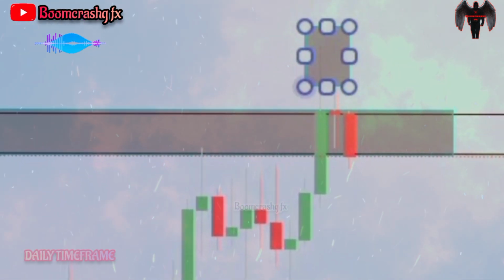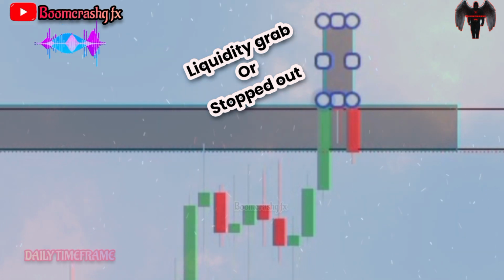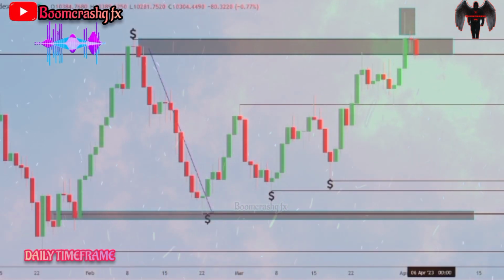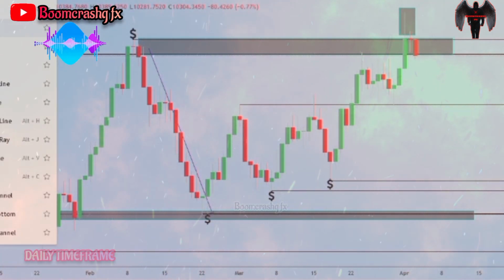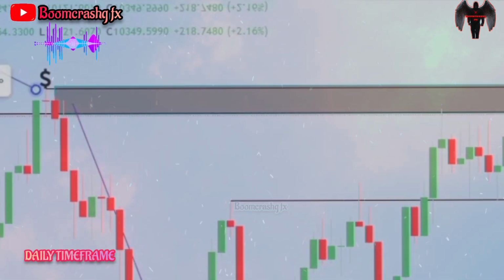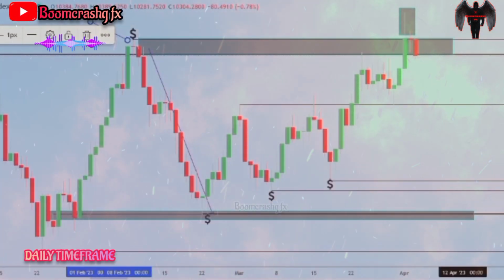You can see you have a long wick outside above the zone, which took out every liquidity above this previous high. Above this previous high, it took out all the liquidity, all the stop losses retail traders had put at that particular zone.